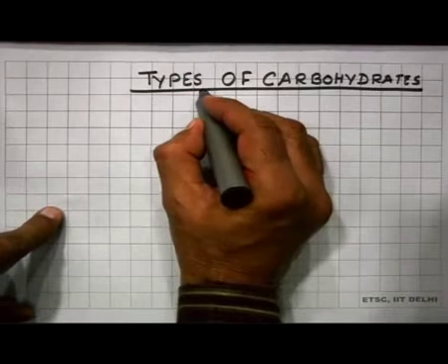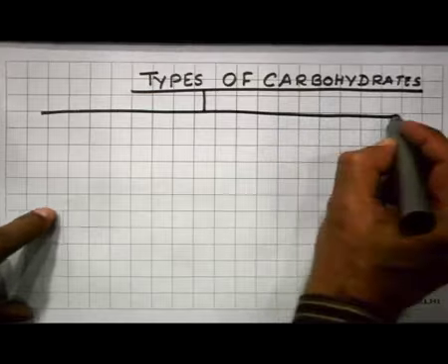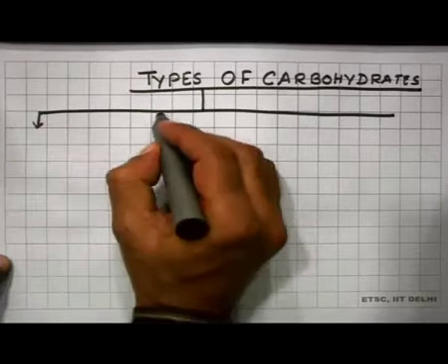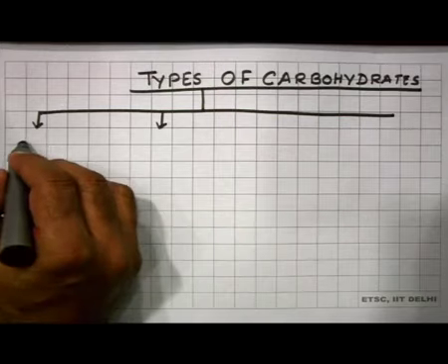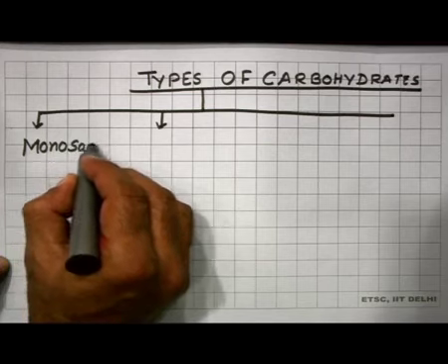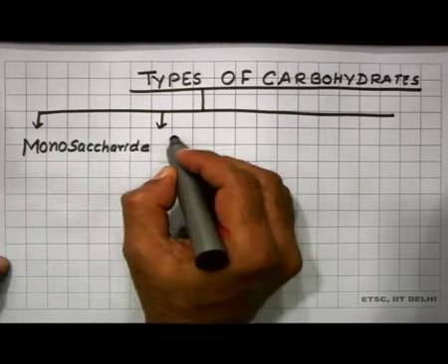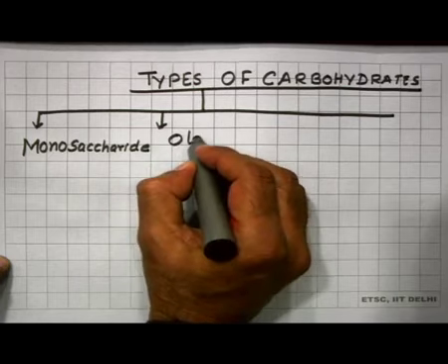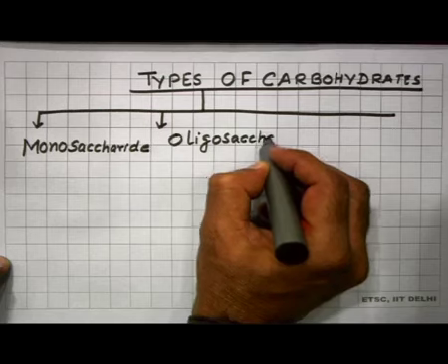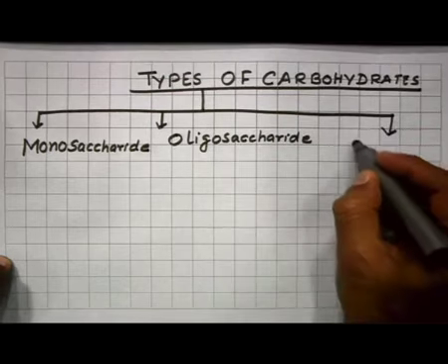Now, there are different types of carbohydrates. We can classify them into monosaccharide, oligosaccharide, and polysaccharide.